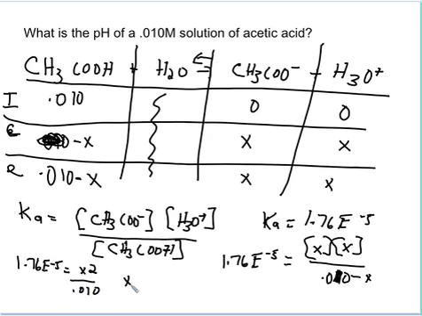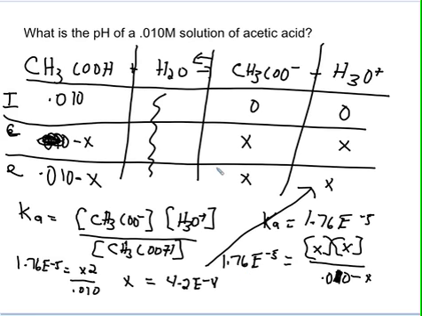Solving for x, we get that x is equal to 4.2 e to the minus 4. I never really round on my calculator, but on paper, I just write it down. Then we can plug that in: if x is 4.2 e to the minus 4, then our H plus, or H3O plus, is 4.2 e to the minus 4.